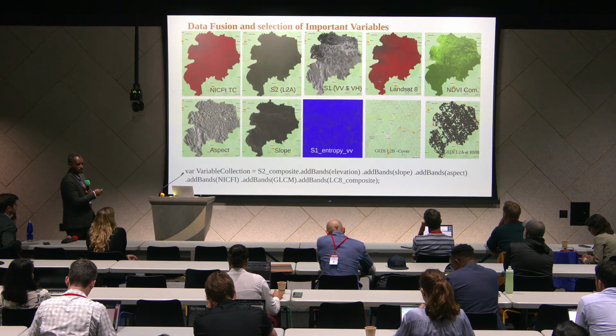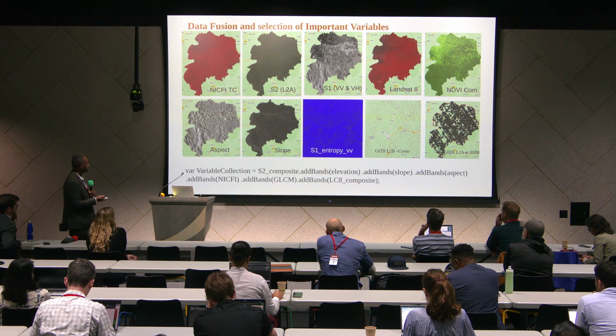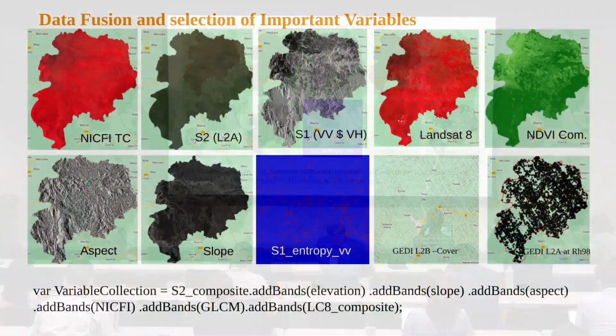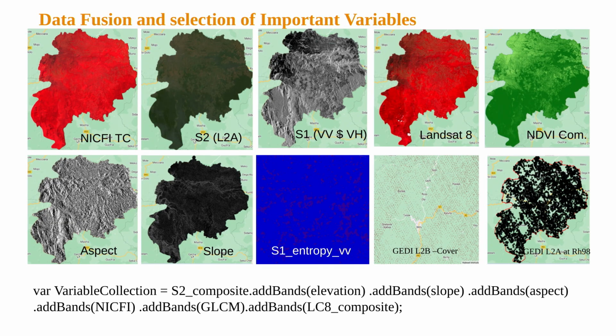This is the data we used. We used existing satellite imagery, and NICFI is very good, high resolution imagery at 5-meter resolution. Sentinel-2 and Sentinel-1, with the VV and VH polarizations, are used. A Sentinel-1 composite, NDVI, aspect, and slope are used.